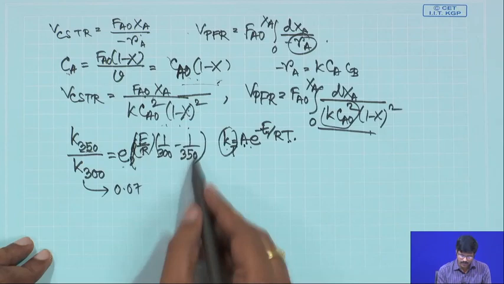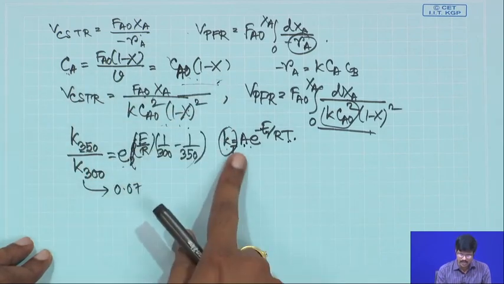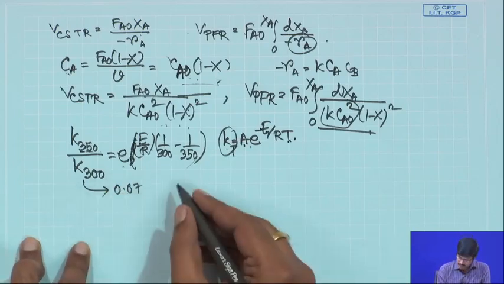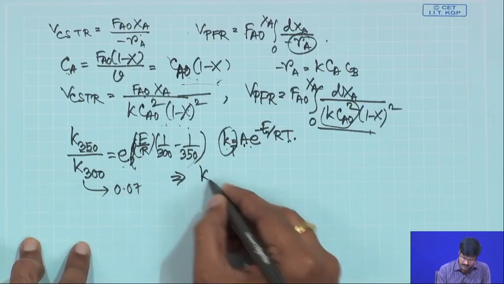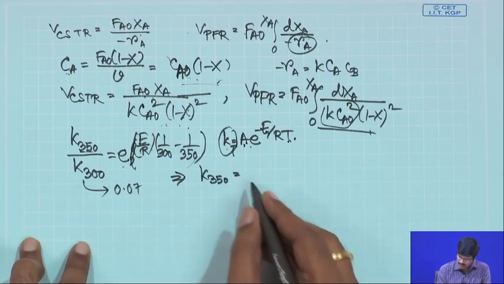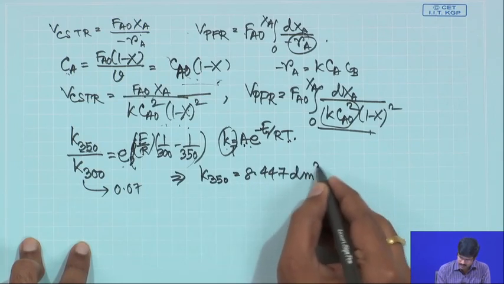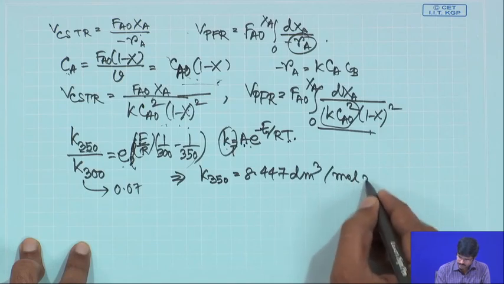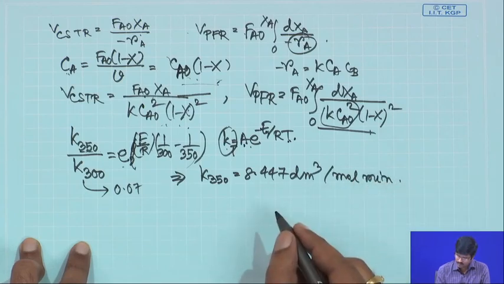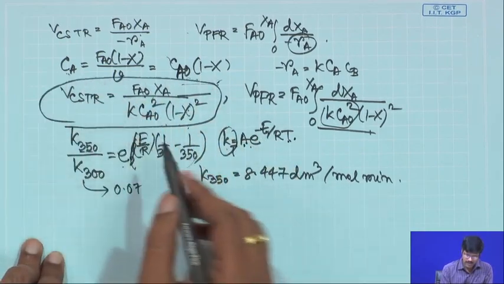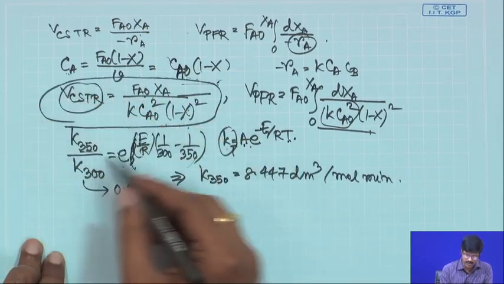So, if you solve for this, just take the ratio between the two. This A cancels out, you do not need to know the A, you know the value of E. So, from here your K 350, that means the rate constant at 350 Kelvin, is 8.447 decimeter cube per mole per minute.